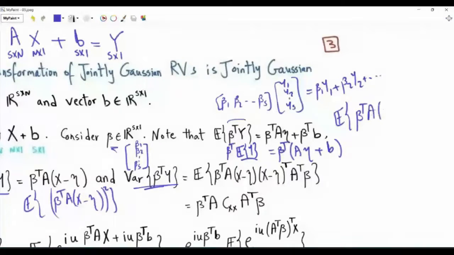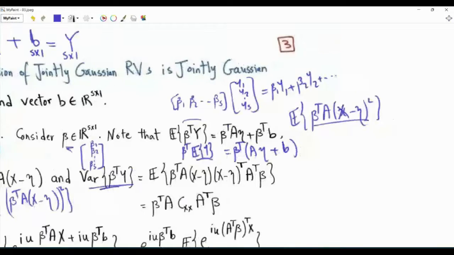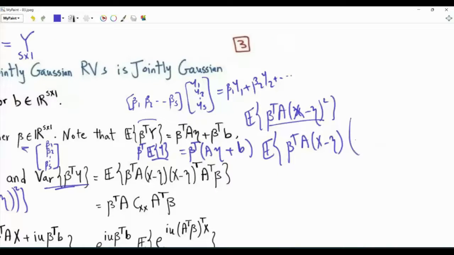So now we have this thing. Now this is a scalar, and I can write down this scalar as beta transpose A x minus eta, and then I can take its transpose, because a scalar is a 1-by-1 matrix, so it's its own transpose.